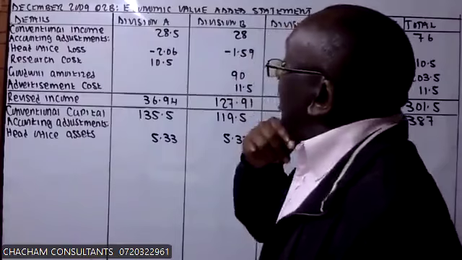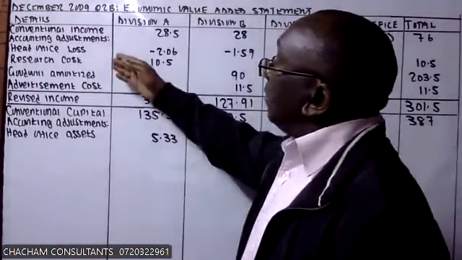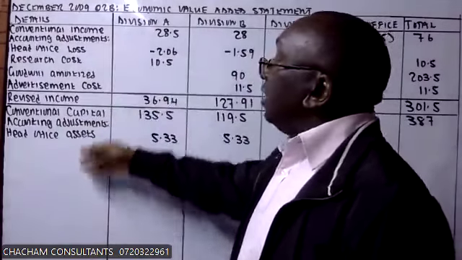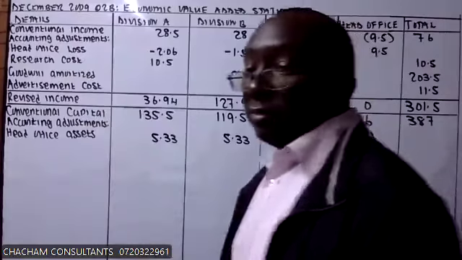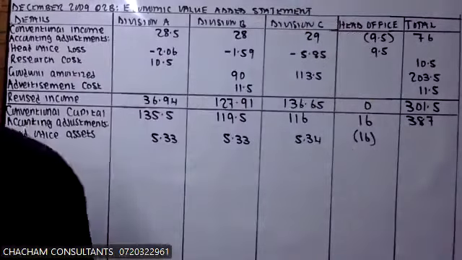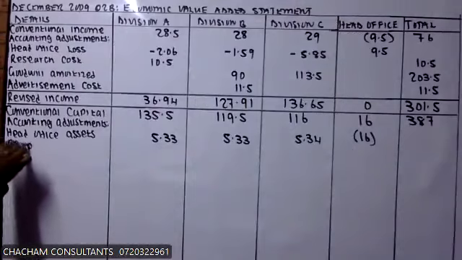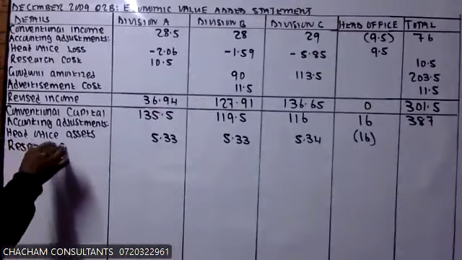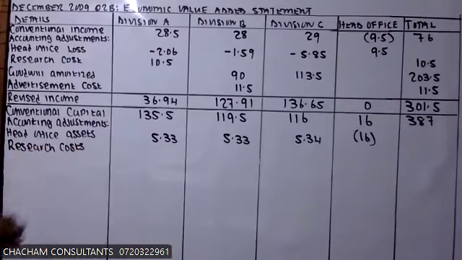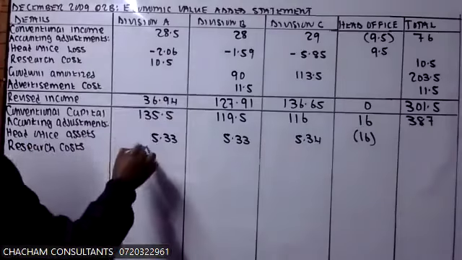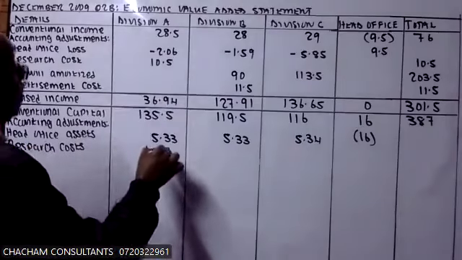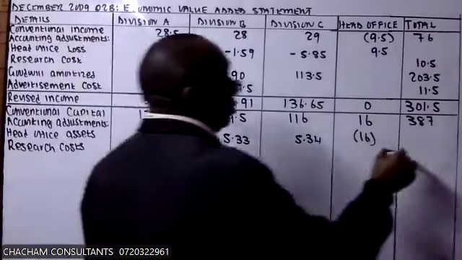So for this we said all these things should be capitalized. So all of them will come back here. So we have research costs that we said we add back and amortize. So it is part of an asset. So here it will be an asset of A, and then an asset here to the company.